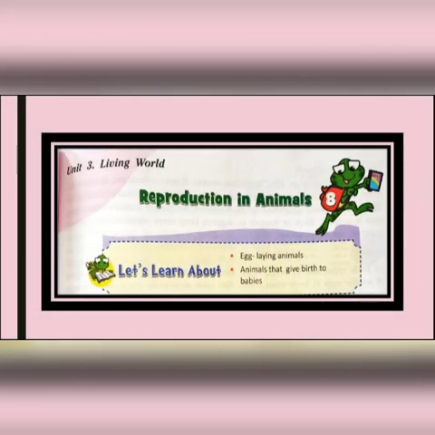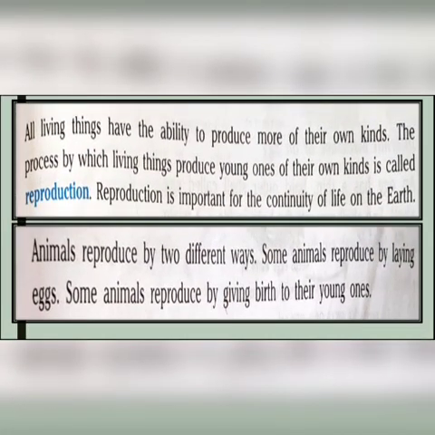Now, let us start revision of chapter number 8, Reproduction in Animals. From this chapter, we have learnt about egg-laying animals and also about animals that give birth to babies. First, let us know what is reproduction.